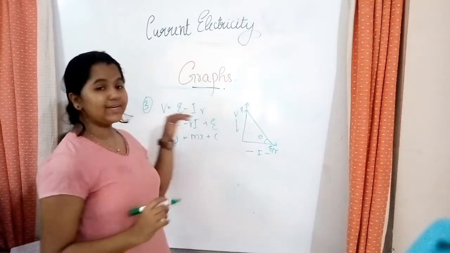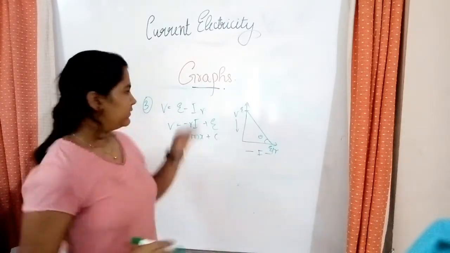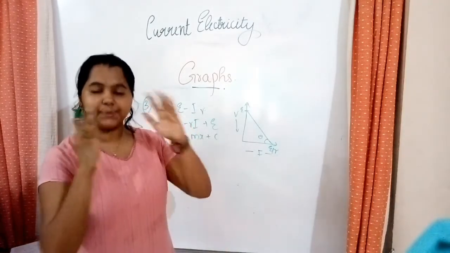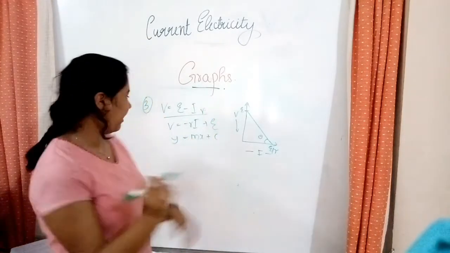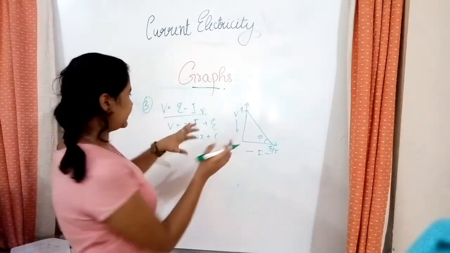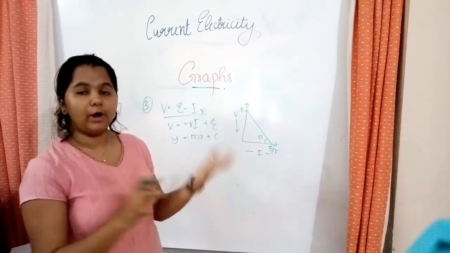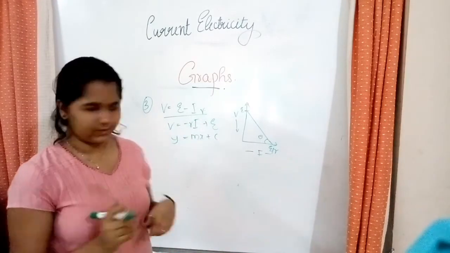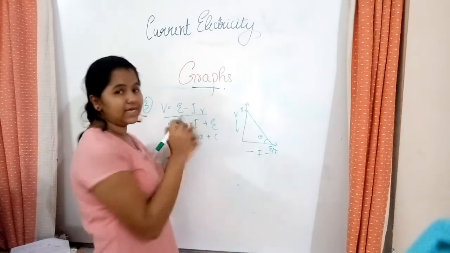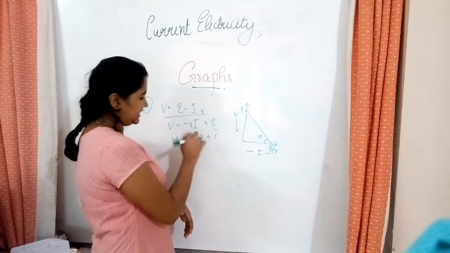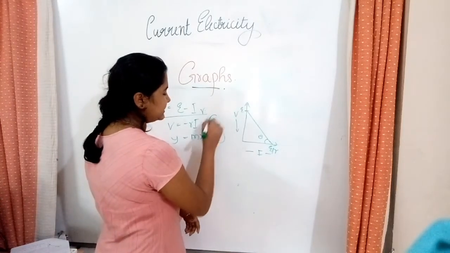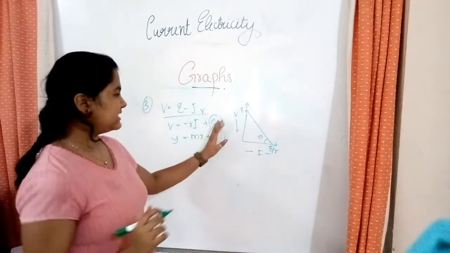So V is equal to E minus IR. We have this equation. We are dealing with the same equation in every case. So V is equal to E minus IR, and we'll just make it into another form so you can equate it to the straight line equation. So V is equal to minus rI plus E. So we equate it to y is equal to mx plus c. C is equal to the EMF, that is the intercept.